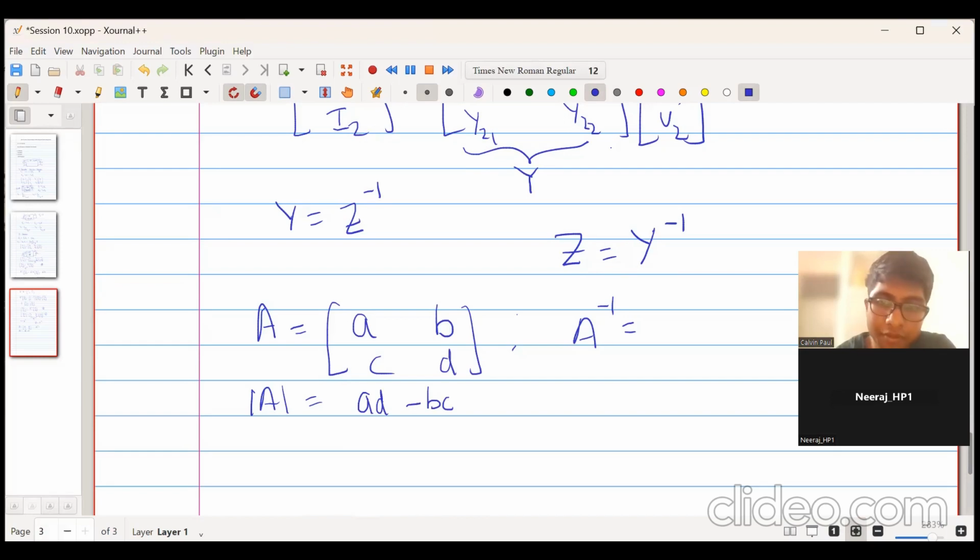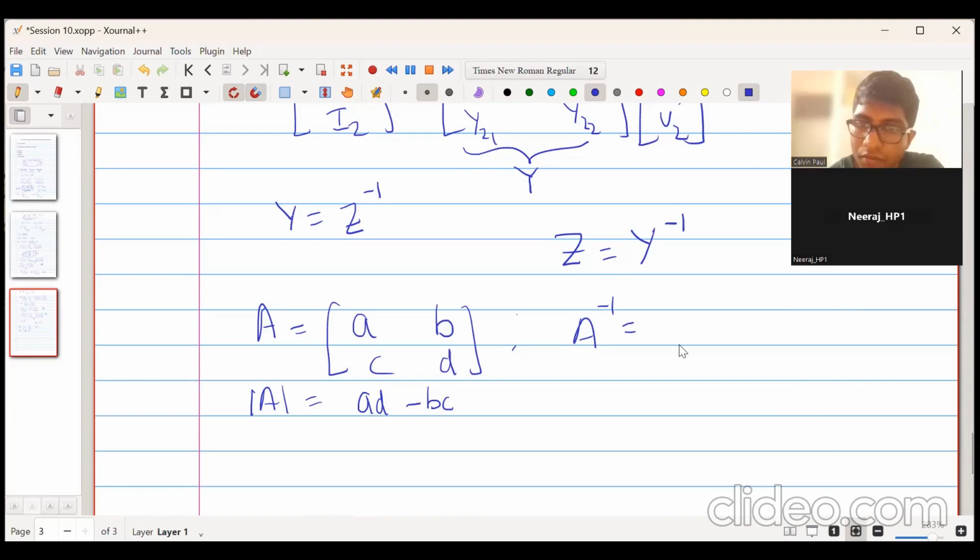Now, for the A inverse matrix, there's a direct formula. This is a matrix with 2 rows, 2 columns. The inverse matrix will have how many rows and how many columns? Same number of columns and same number of rows.